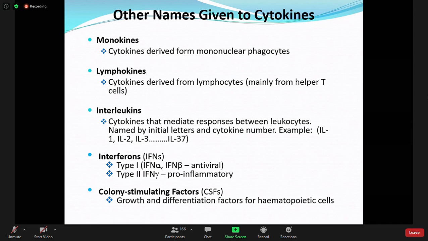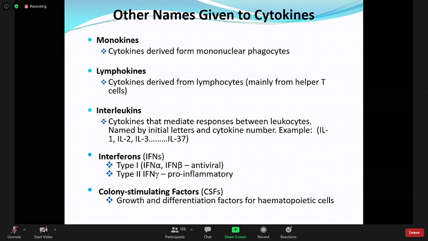A third, important group of cytokines are called interferons. These were discovered not by immunologists, but by virologists. Because in the 50s, the way to grow flu virus, and they still do this, is to inject 4-day-old chick embryos with the virus and then harvest the amniotic fluid, because the virus grows on the amniotic membrane.